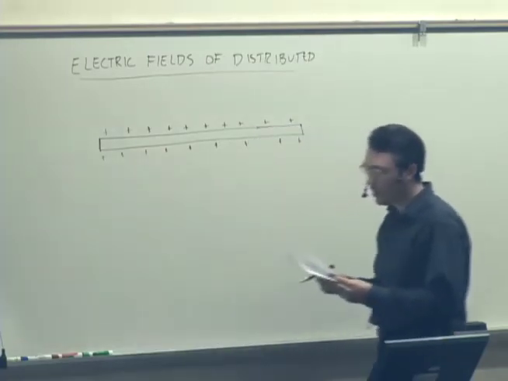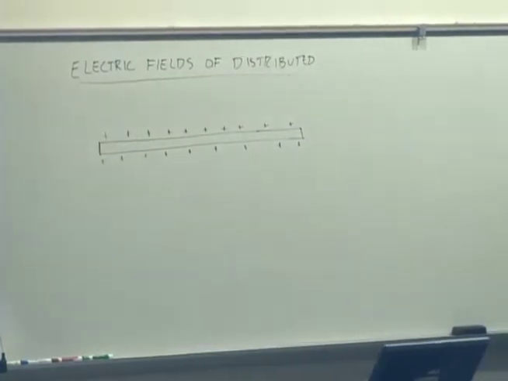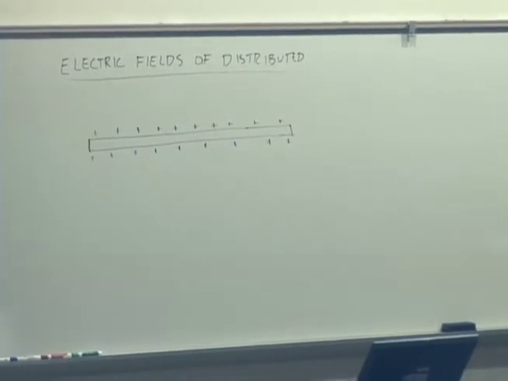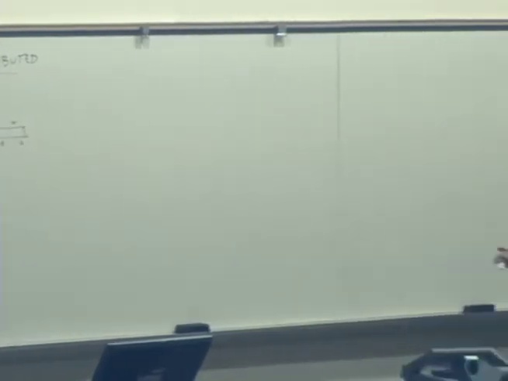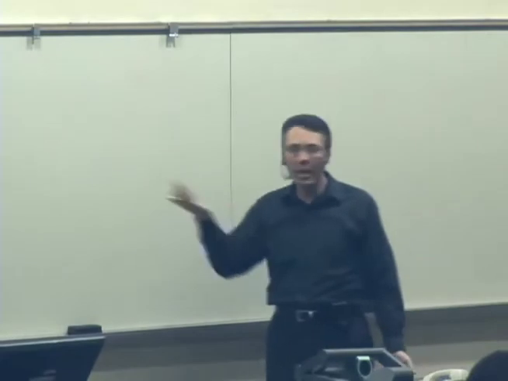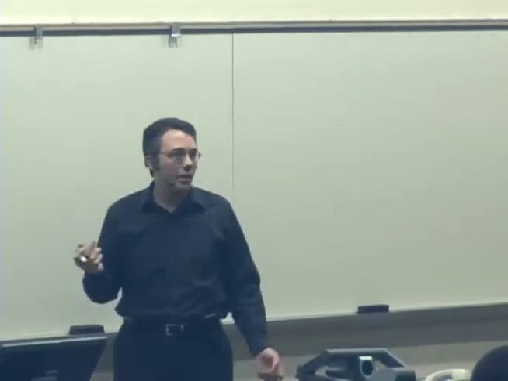So we have a complicated or macroscopic object that has a charge distribution on it, and we want to find the electric field that's made by this positively charged object.